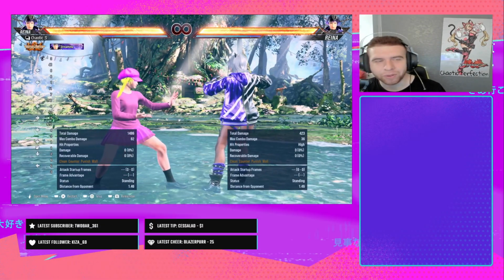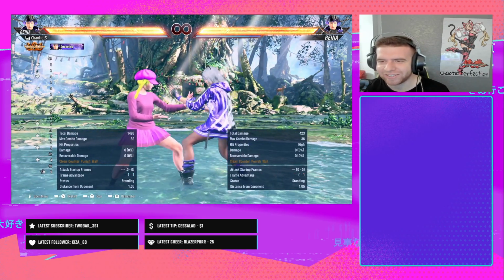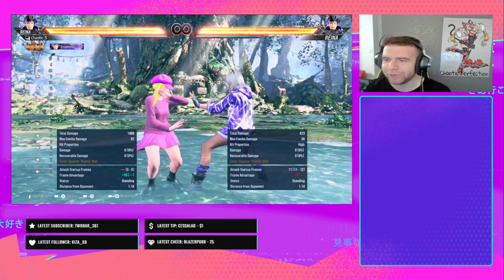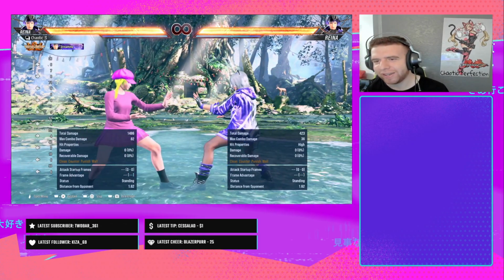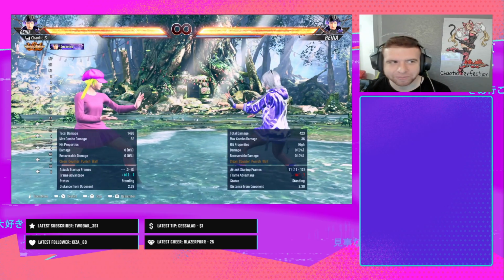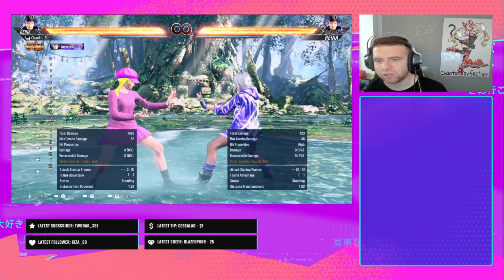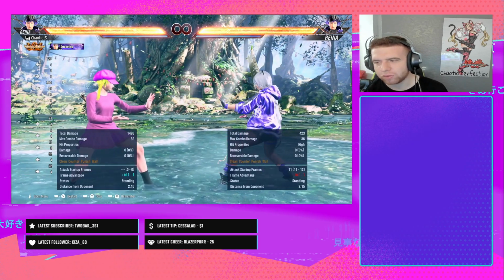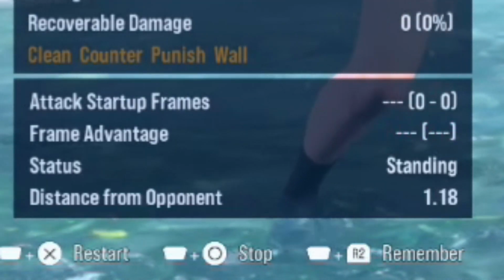Anyways, I had to cut that because I kept getting the electrics, which is usually a hard thing to do, but enough of that. The jab punish. Pretty much every character's fastest punish is going to be your jab punish, right? You see in the bottom left where it says plus 10.